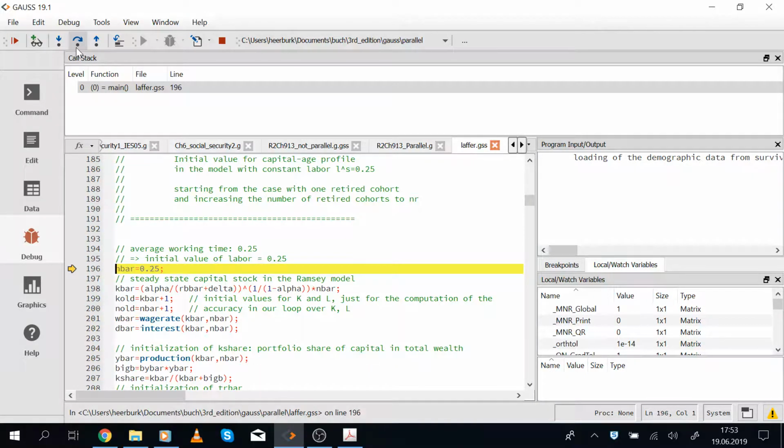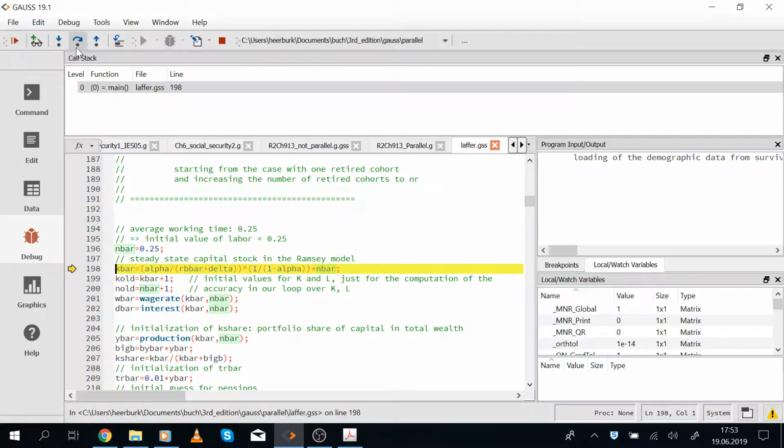So we start with an initial guess of aggregate labor supply, and since everyone is working 0.25 and almost all the population consists of workers except for one cohort, it makes sense to use 0.25 as initial value. The capital stock is simply taken from the one in the Ramsey model.